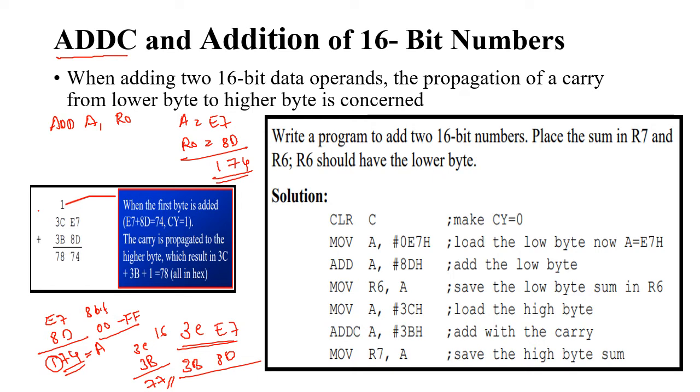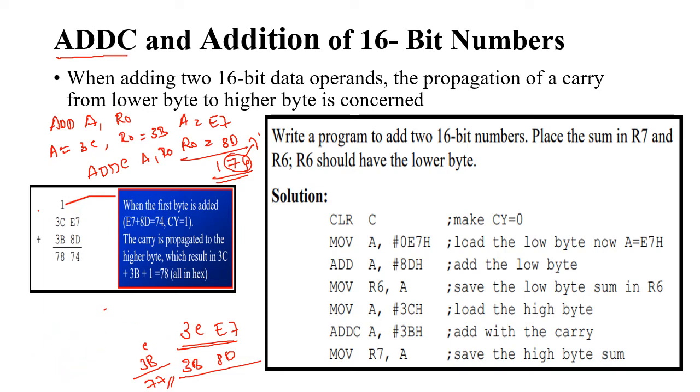For the next add operation, you need to save the result you got in the accumulator. Next you need to load A equal to 3C and R0 equal to 3B, and use the instruction ADDC A comma R0.